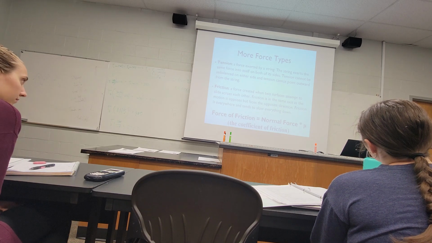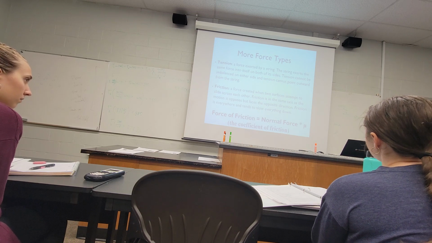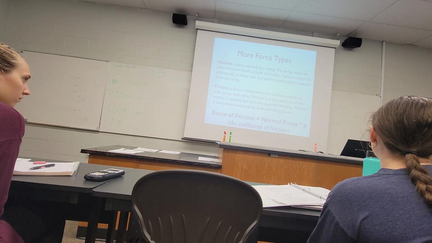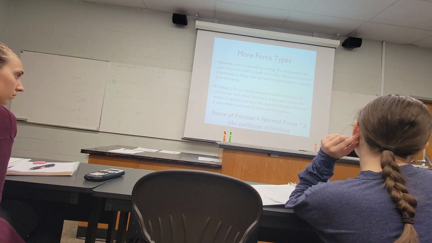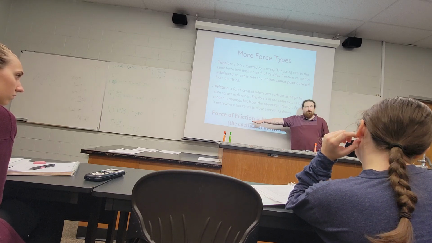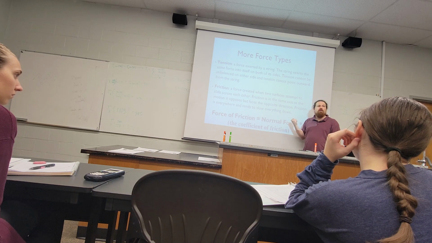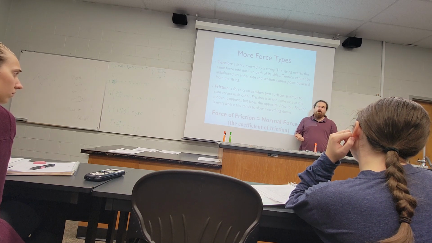So if there's more normal force between two things, the saw teeth push harder into each other, which makes it harder to then slide those objects across each other. And so normal force now contributes to friction. If there is more normal force between two things, the amount of friction between them increases.